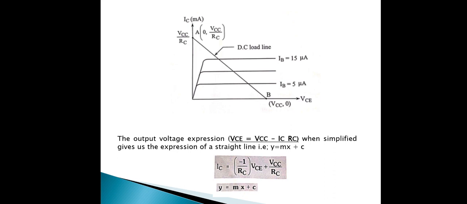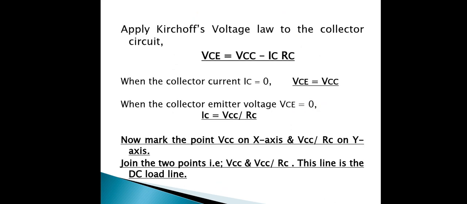In order to get these points, first if we consider IC, collector current, if we consider IC to be 0, then you can simply write that VCE is equal to VCC.